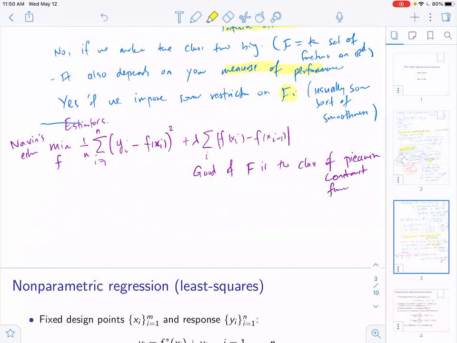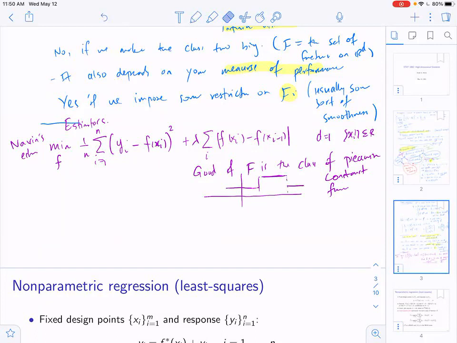This is good if, let's say, the xi's are in R, so d is 1, and you think of functions on the real line. The function could jump at a certain point, but it's constant between these knots.